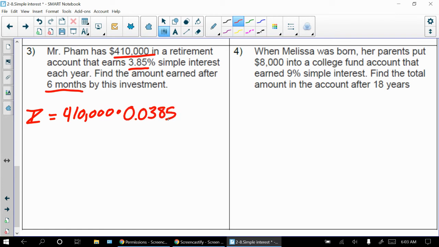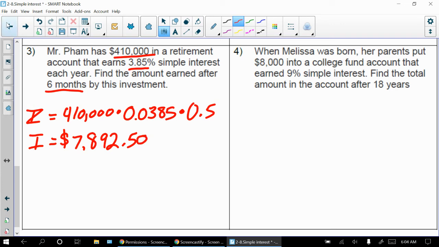This is a bigger decimal than most because we got 3 digits there and we had to add a couple zeros. And 6 months, that's your half. Okay, so make sure you put the right amount of zeros in your calculator. And we get a whopping, in 6 months, he's already got 7,892.50.